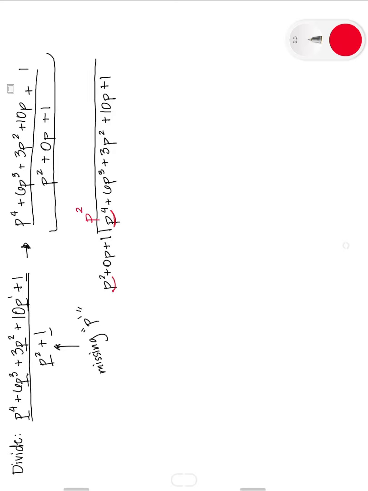So we multiply times p to the second power. And then again, this will be distributed to everything. So p squared times p squared is p to the 2 plus 2, which is p to the fourth. And then p squared times 0p will be plus 0p cubed. And then p squared times positive 1 is plus 1p squared.